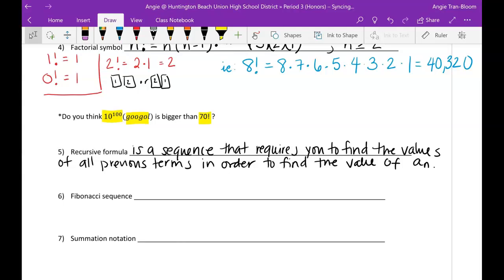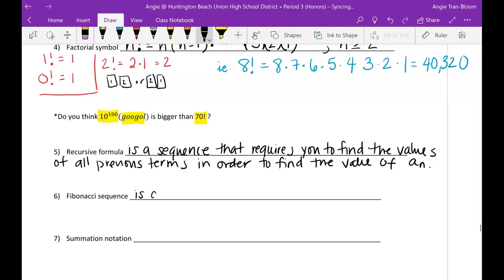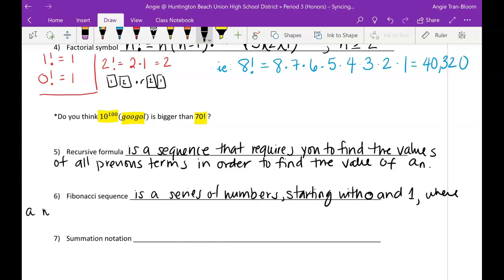It is a series of numbers, starting with 0 and 1, where a number is found by adding up the two numbers before it.